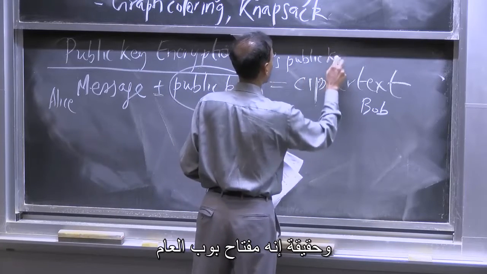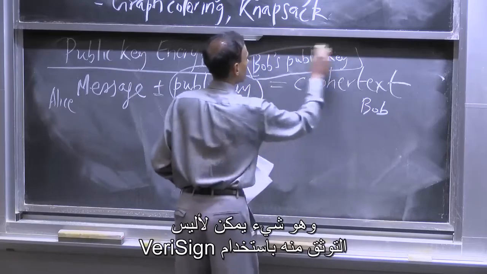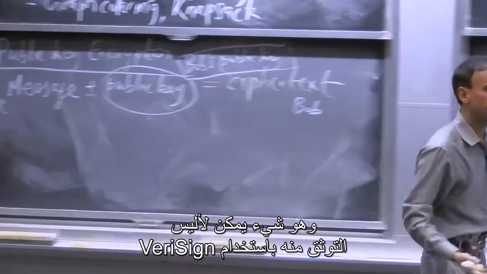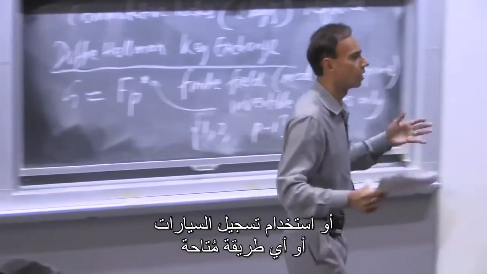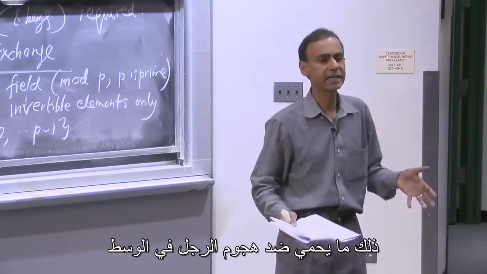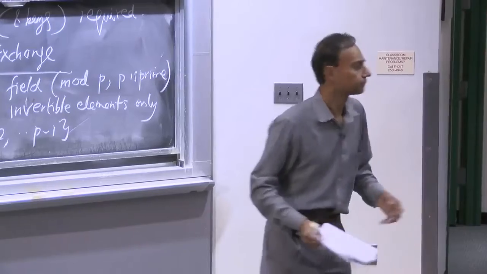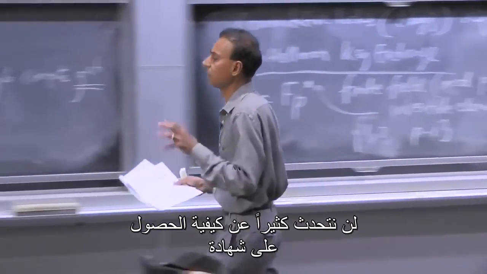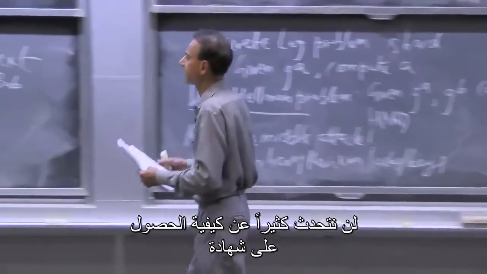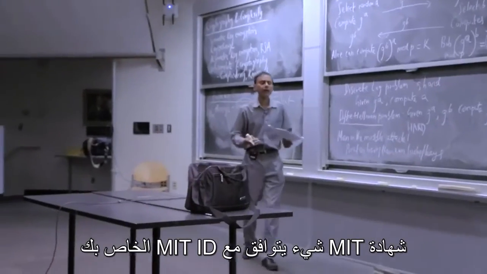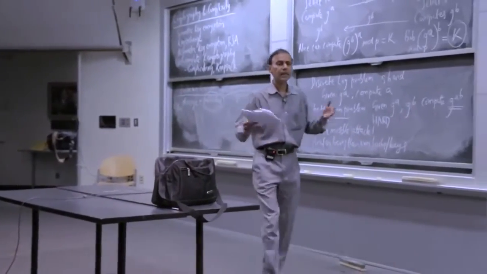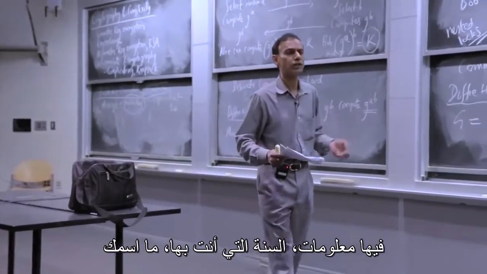And the fact that it's Bob's public key is something that Alice should be able to authenticate using VeriSign, the Registry of Motor Vehicles, what have you. That's what's going to protect against the man-in-the-middle attack. We're not going to talk a lot about how you can get a certificate. Your MIT certificate corresponds to your MIT ID. It's got information, what year you are, what your name is.